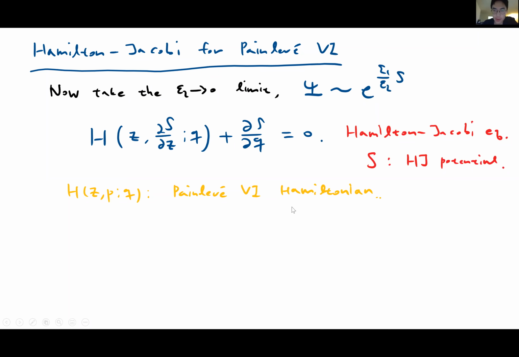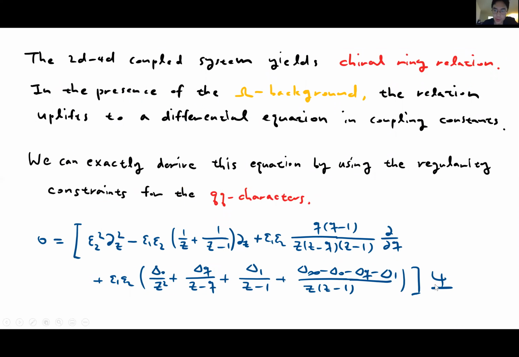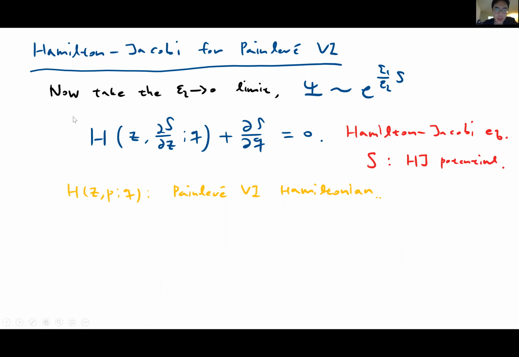And then this equation can be rewritten in this form: H plus dS over dQ is 0. And if you recall classical mechanics, this is what is called the Hamilton-Jacobi equation. And in particular, this Hamiltonian is exactly the Painlevé VI Hamiltonian that I described earlier.